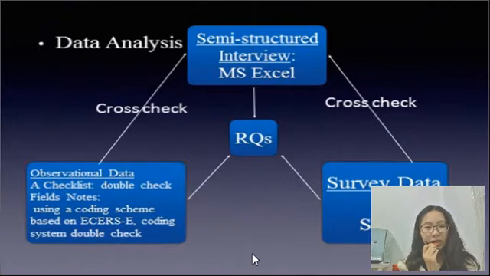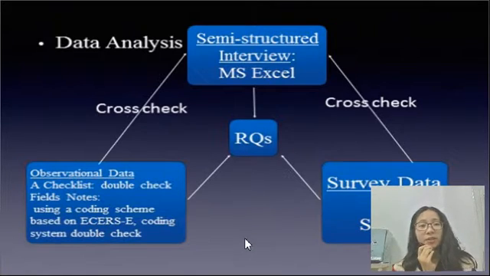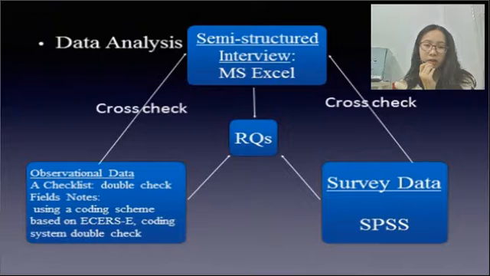As to the data analysis part, there are three kinds of data I will gather. The first one is the observational data, then the semi-structured interview data, and the last one is the survey data. I want to say more about observational data. A checklist and field notes I'm going to use.